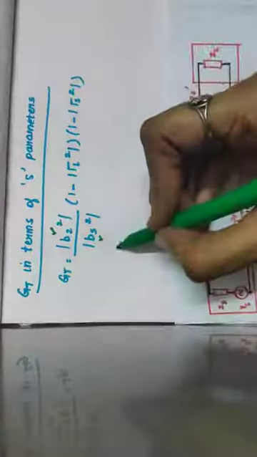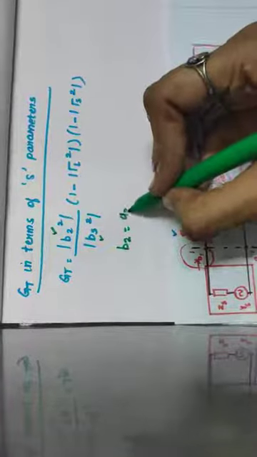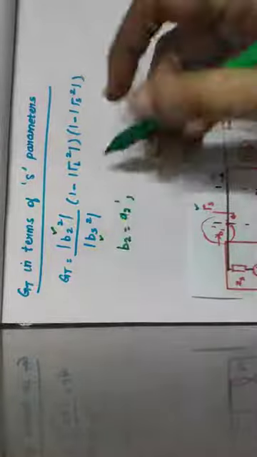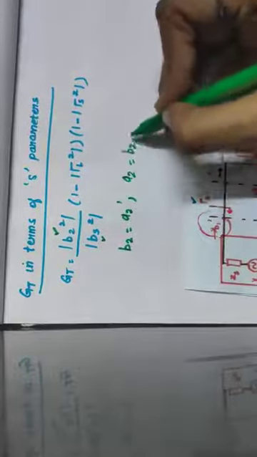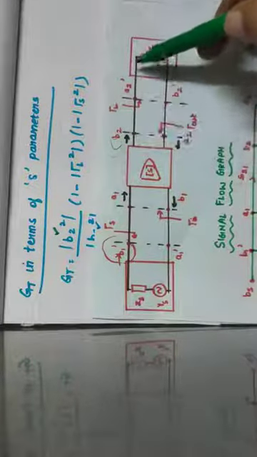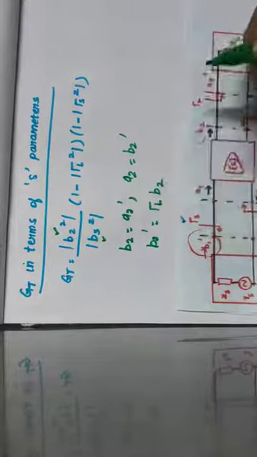So I can equate from the diagram, B2 is equal to A2', and similarly from the diagram, A2 is equal to B2'. And B2' is the reflection that comes from the load. So B2' will be Γ_L times the incoming wave B2. So I'm going to write B2' is equal to Γ_L times B2.